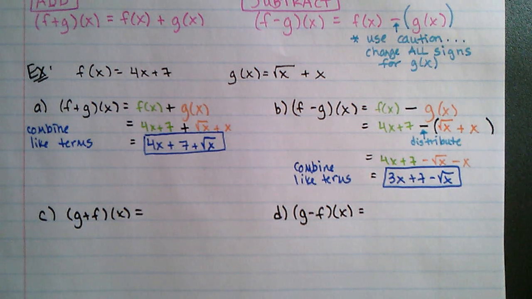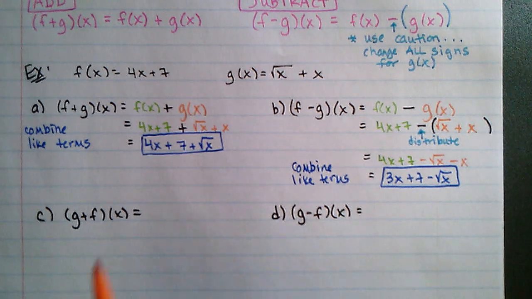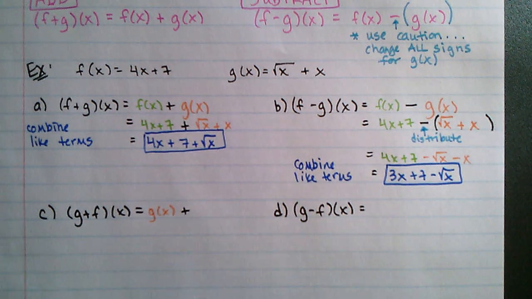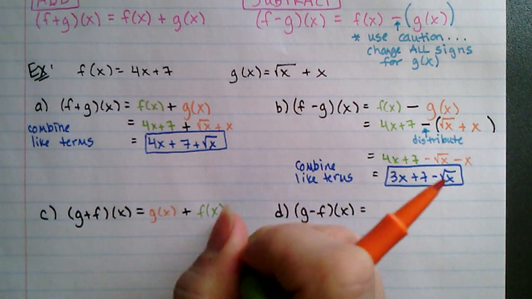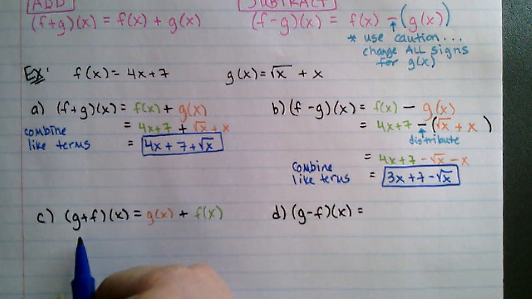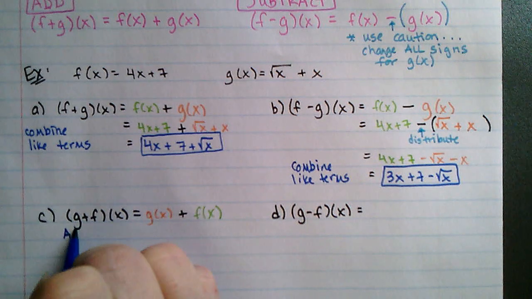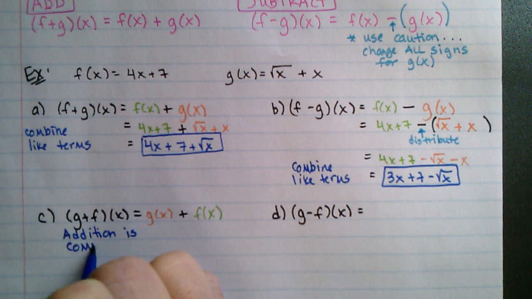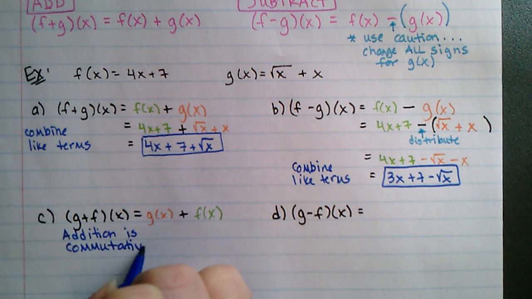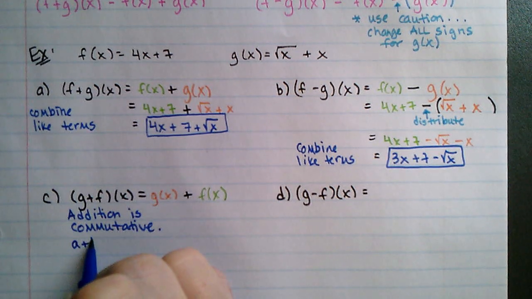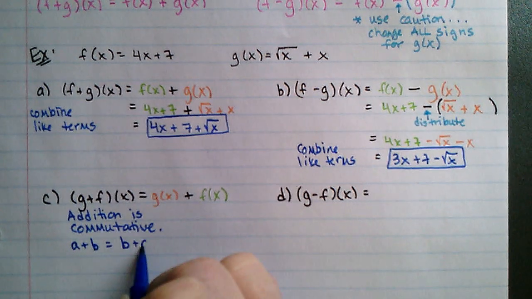Now for g plus f of x, that means I'm going to take the function that is g of x, and I'm going to add the function that is f of x. Now with addition, since addition is commutative, remember the commutative property says that a plus b is the same thing as b plus a.